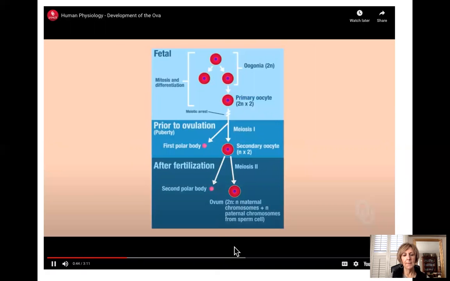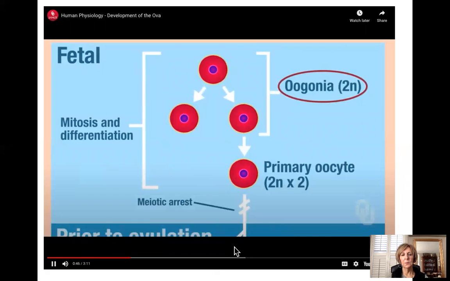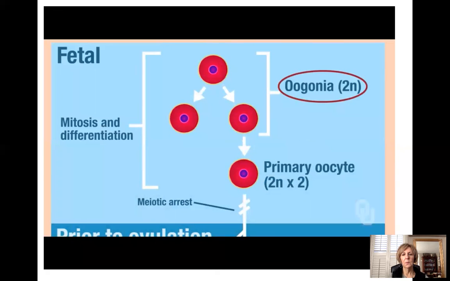We're going to start off with the oogonia in fetal development. The oogonia is diploid, 2N, and this is considered the germ cell in the female reproductive tract. The oogonia undergoes mitosis during fetal development. And remember that the number of oogonia is fixed. Once the oogonia undergo mitosis, some of these will begin meiosis.